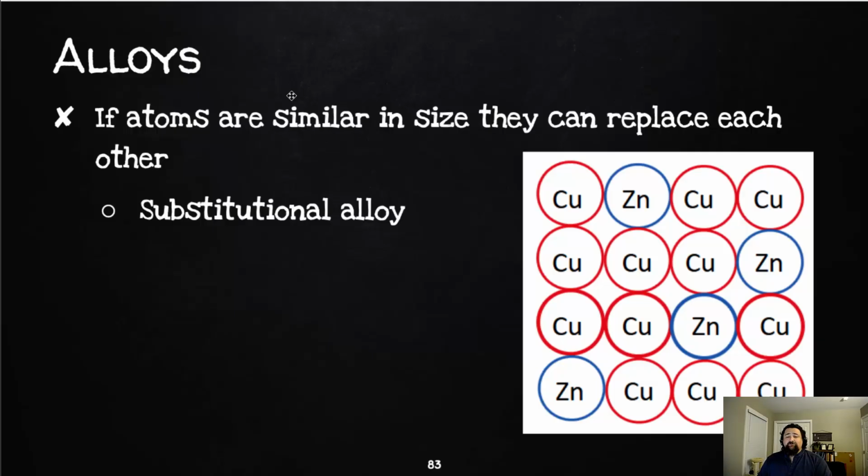Like when you mix for steel and it's carbon and iron, the carbon's a non-metal, so you can get some mixtures with that. But in this example, we have copper and zinc, right? Which we said was making that brass. And so we moved out the copper, put in zinc, okay? And we come up with this type of substitutional alloy, all right?